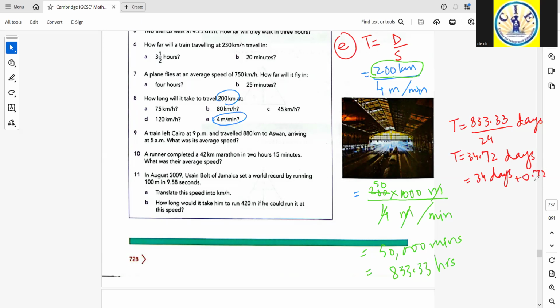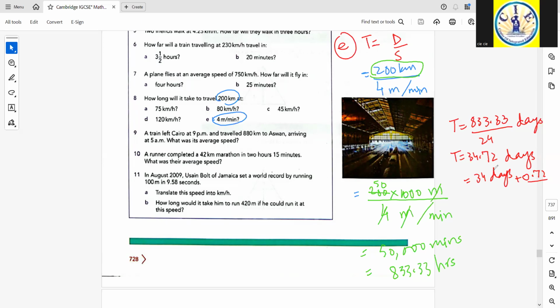I'm going to divide this by 0.72. Sorry, we need to multiply it by 24 first. That is 0.72 times 24.